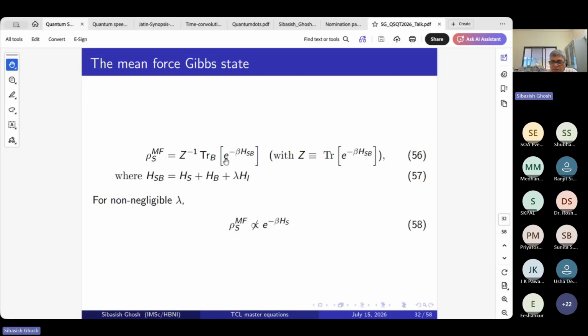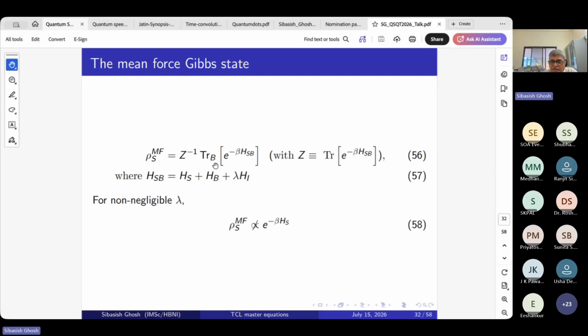So what is the mean force Gibbs state? Let's take the Hamiltonian H_SB. So H_SB is the total Hamiltonian, system plus bath plus the interaction Hamiltonian lambda H_I. You take e to the power minus beta H_SB, where beta is the inverse temperature of the bath, and you take the trace over B and then divide it by the norm, which is the partition function, Z, basically.